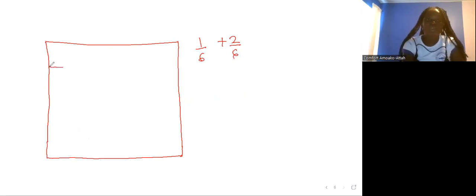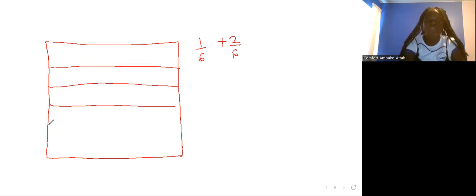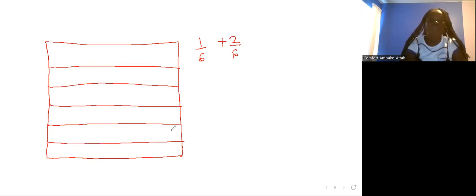So we first divided it into how many parts? 6 equal parts horizontally. 1, 2, 3, 4, 5, and 6. So we are having 6 divisions. Great. Then we shaded 1 part out of the 6. So we had something like this, and I believe you were able to also do it as well.